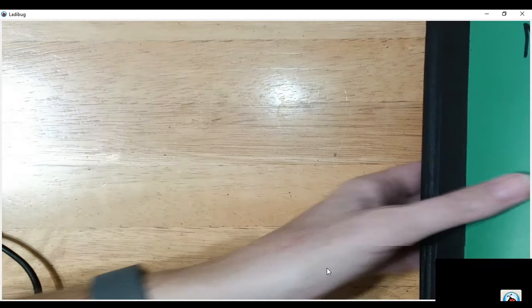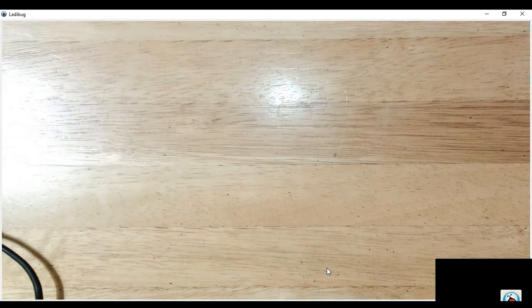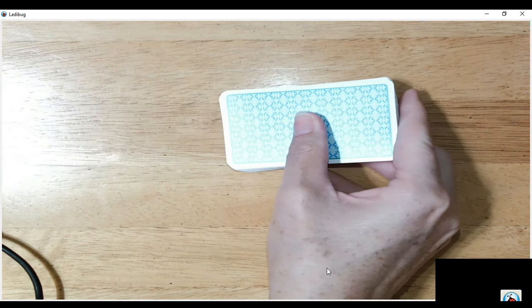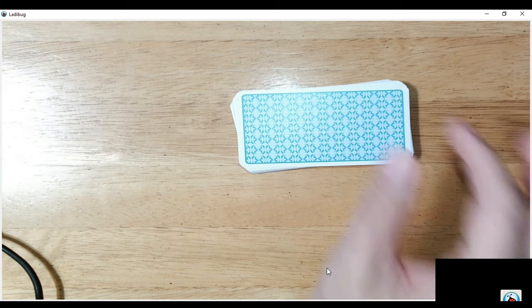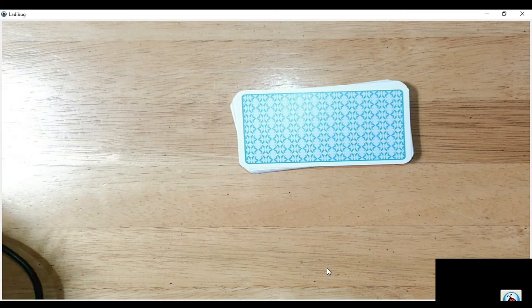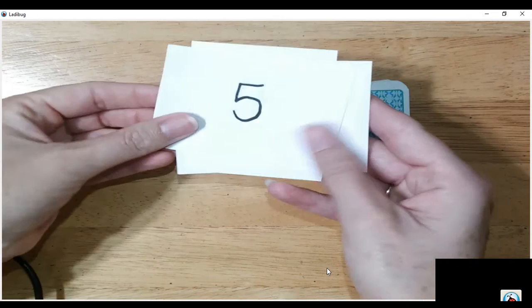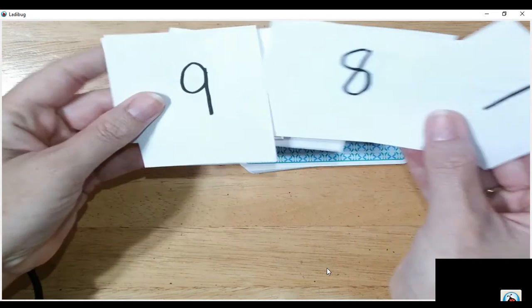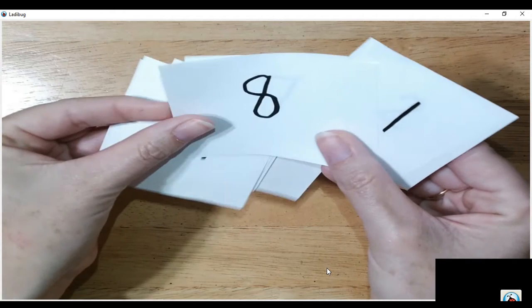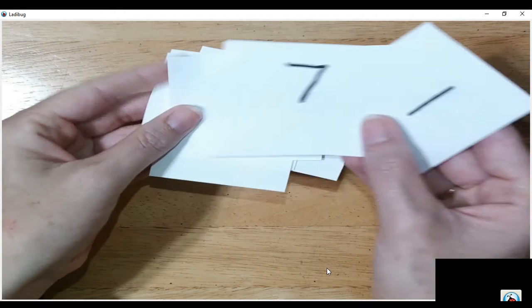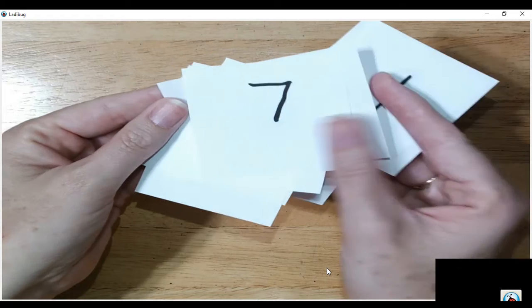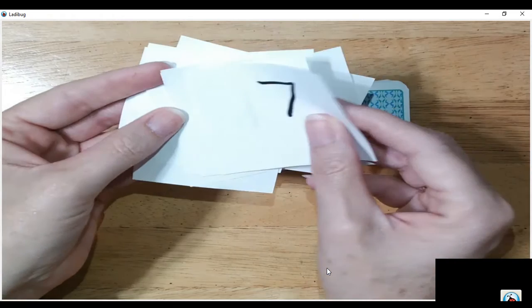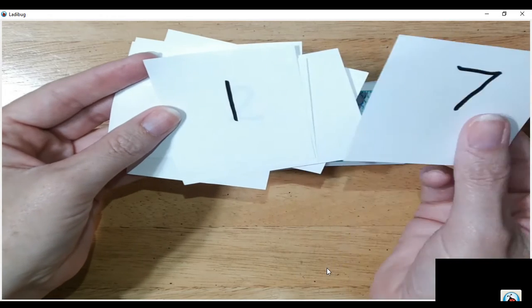So here we go. For today, you will need either a deck of cards, and if you don't have a deck of cards, you can just cut a piece of paper and write the digits 1 through 9 on your pieces of paper.